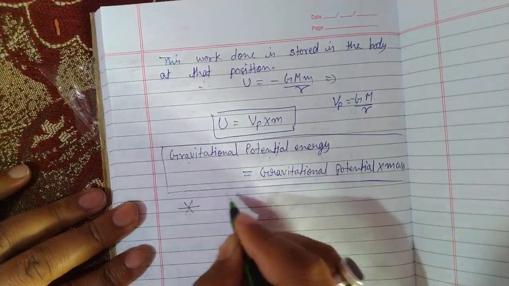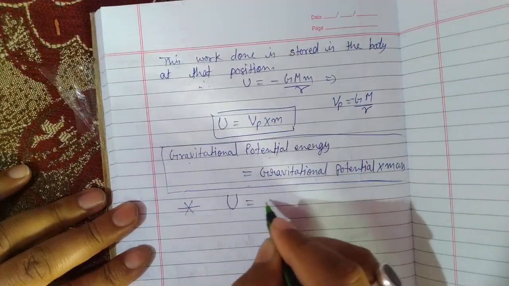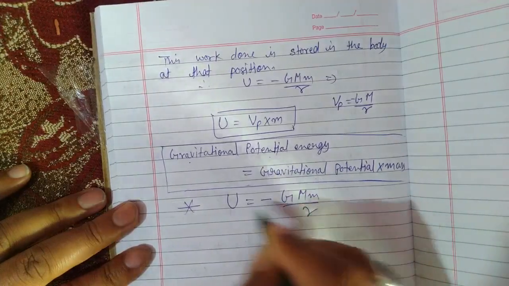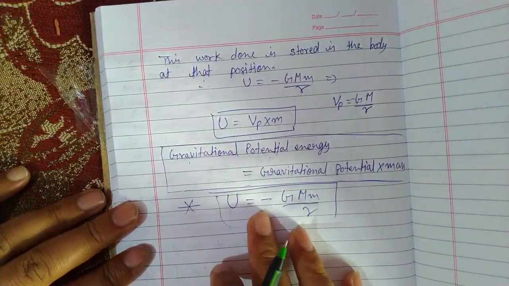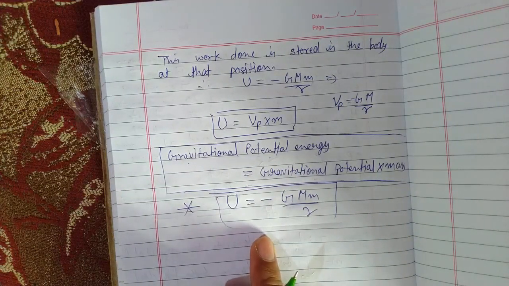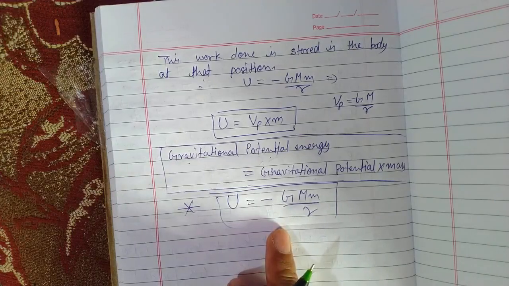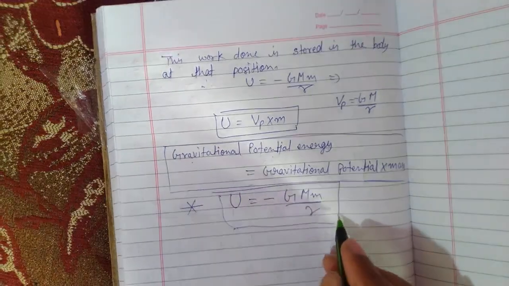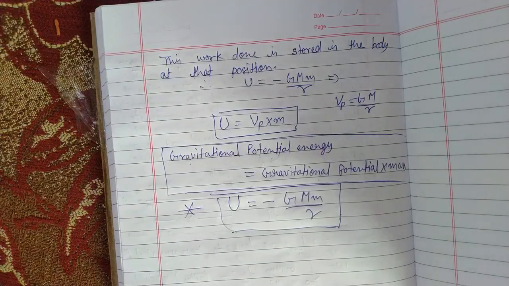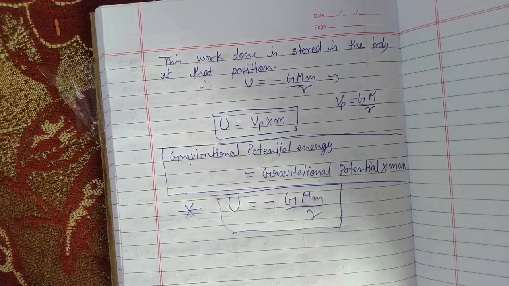Here it is very clear that the gravitational potential energy, minus G M m upon R, is always negative because the force acting between the two objects is an attractive force, and the work done to bring it from one point to another point is against the force of gravity. Okay, thank you.